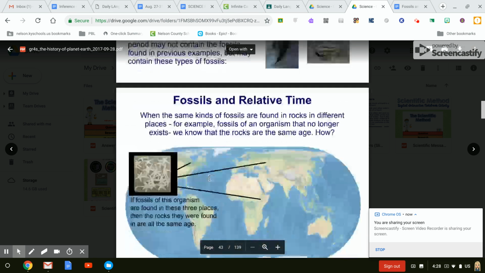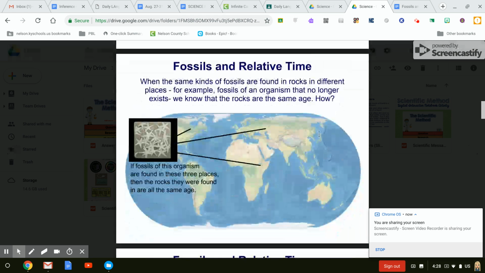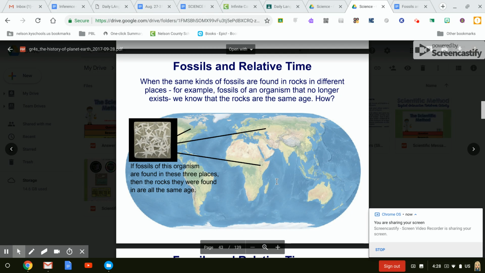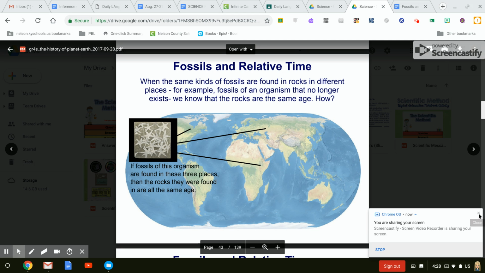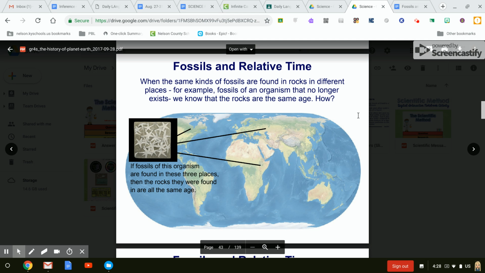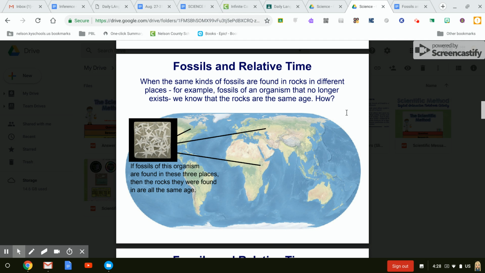Now going on down, it tells us when the same kinds of fossils are found in rocks in different places, for example, fossils of an organism that no longer exists, we know that the rocks are the same age. I know a lot of you are very interested in dinosaurs. Dinosaurs existed many, many years ago and do not exist any longer.